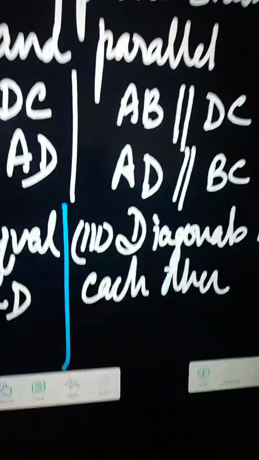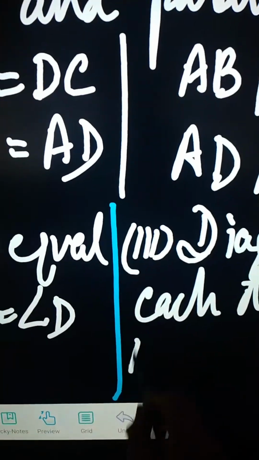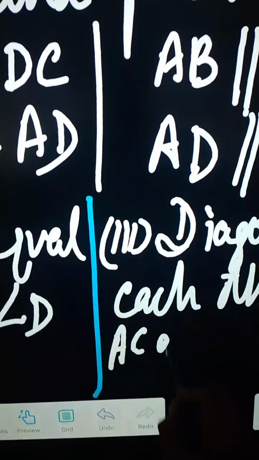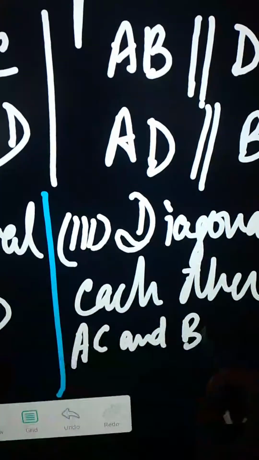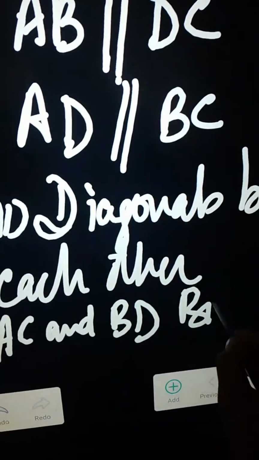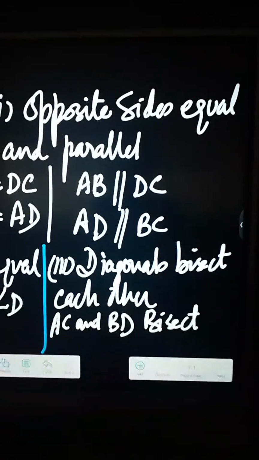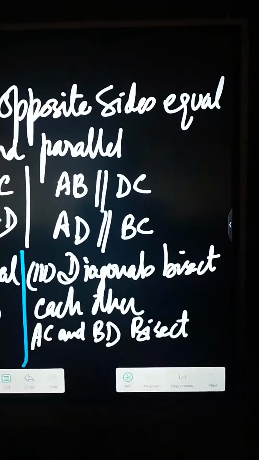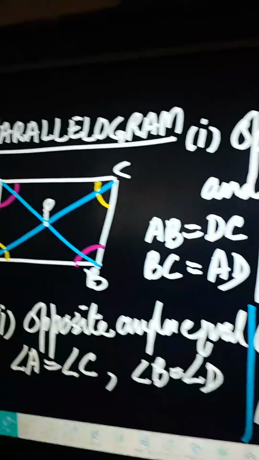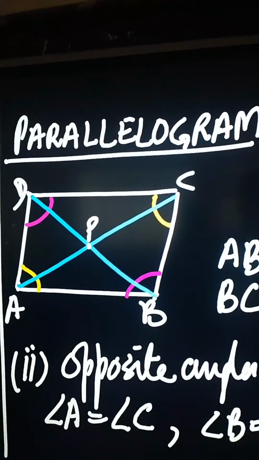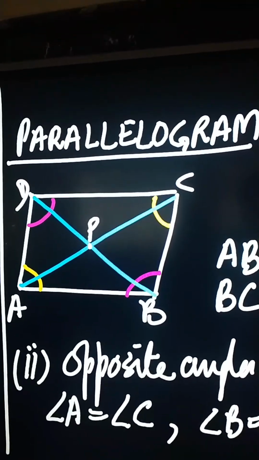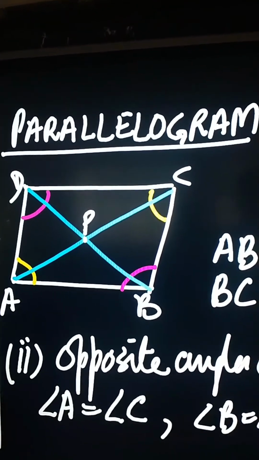Diagonals bisect each other means AC and BD bisect each other. This is a property which is very important. Diagonals of a parallelogram bisect each other means AC and BD cut each other into two equal parts.